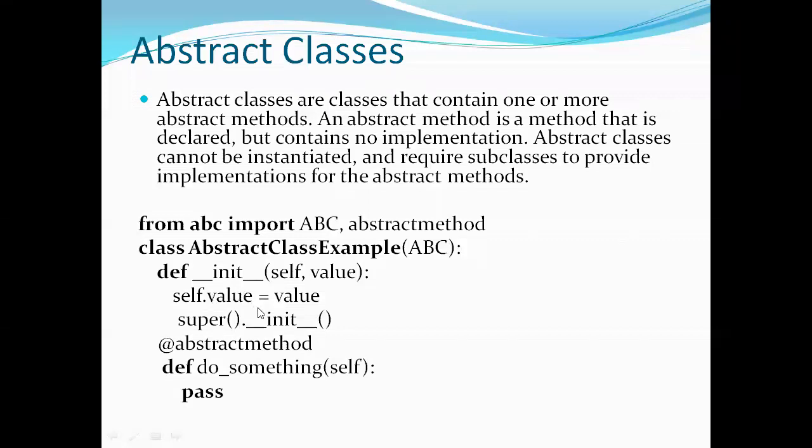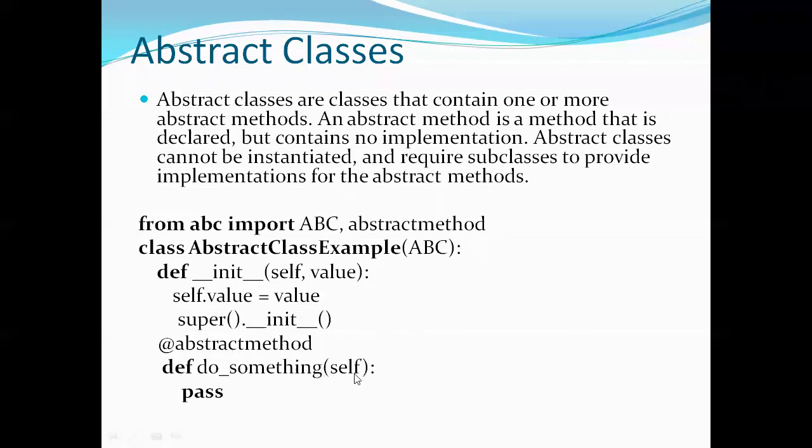I said that the class which contains an abstract method is called an abstract class. When you define a method as abstract, you must mention the decorator abstractmethod. Already we saw decorators. So, @abstractmethod. Whatever method you define as an abstract method should start with this decorator, and then def can do something.